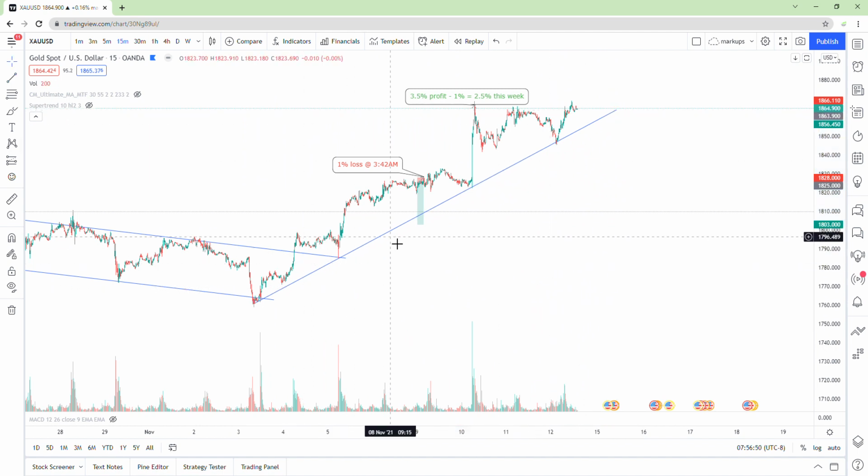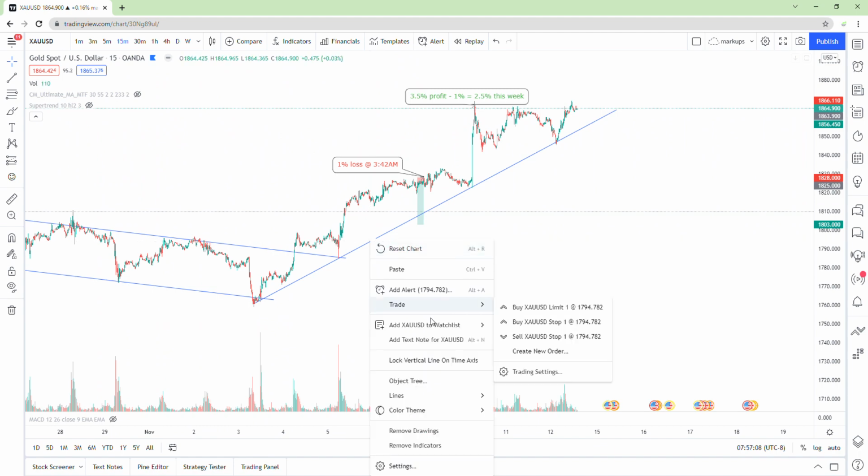Maybe right here we wouldn't have had a trend line established, but once you had this huge impulse, we would have established a trend line between these points. That way you could trade this point here. So that's how I like to do it.